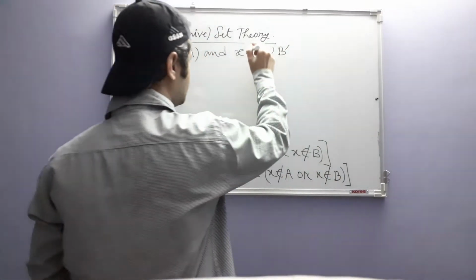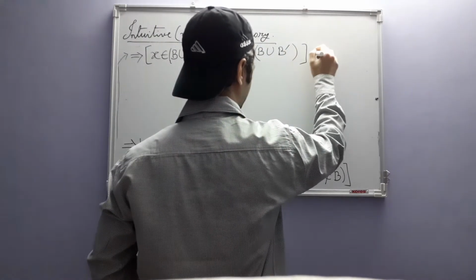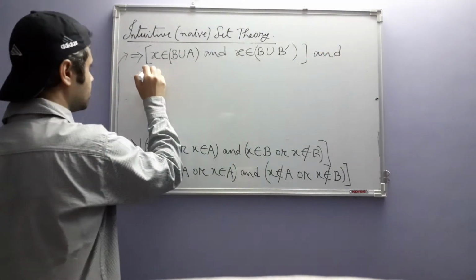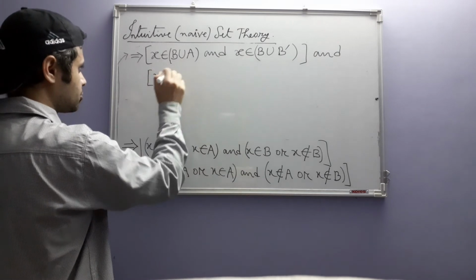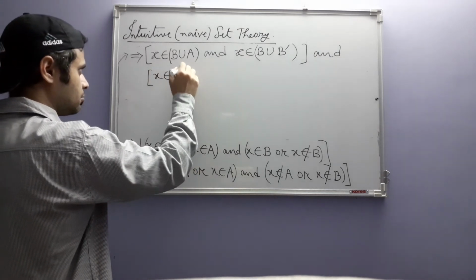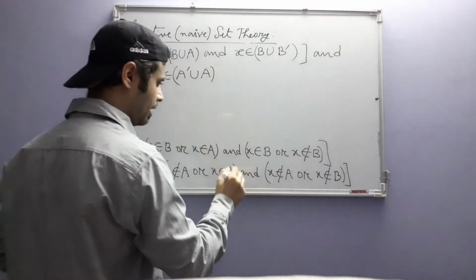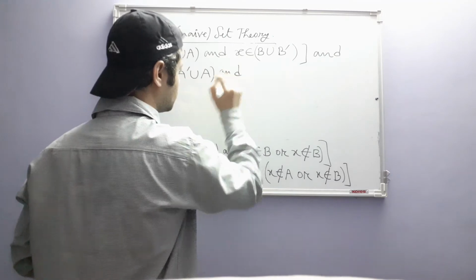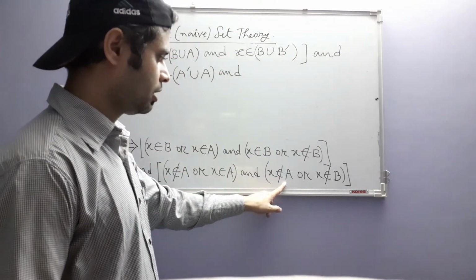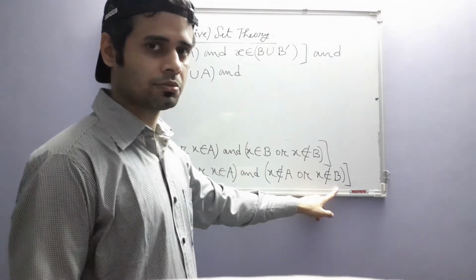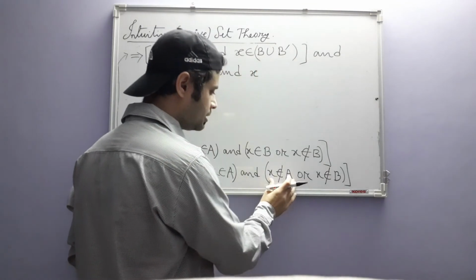So we get this. And similarly, here also X belongs to A prime union, we have OR, so union. And okay, now what about this? X does not belong to A or X does not belong to B. Without thinking much, you just simply write what this means.